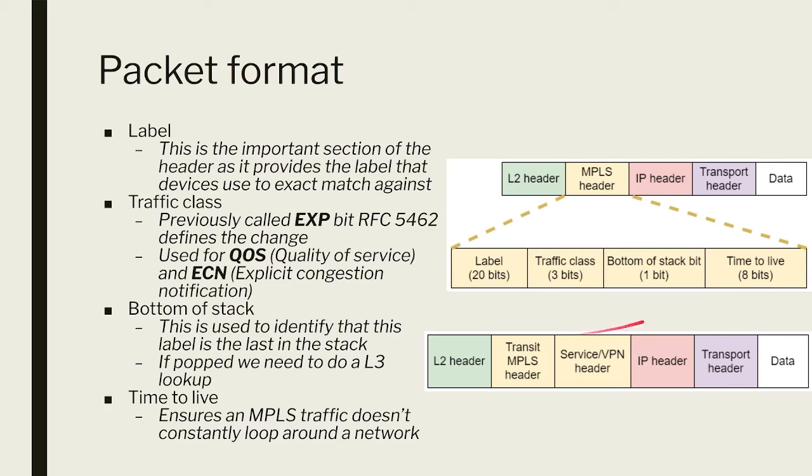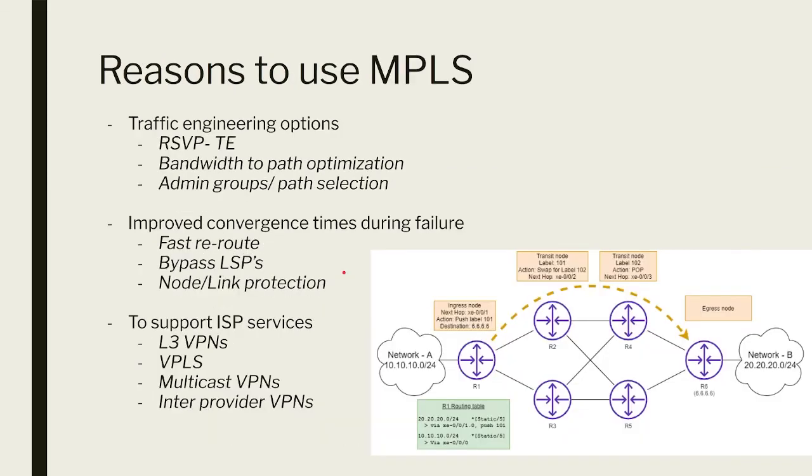As I previously mentioned when we were talking about use cases, we have the case where we want to provide layer 3 VPNs. So this packet format right at the bottom is an example of this. We may have a transit MPLS header, and the MPLS label underneath it would allow us to traverse our MPLS network.